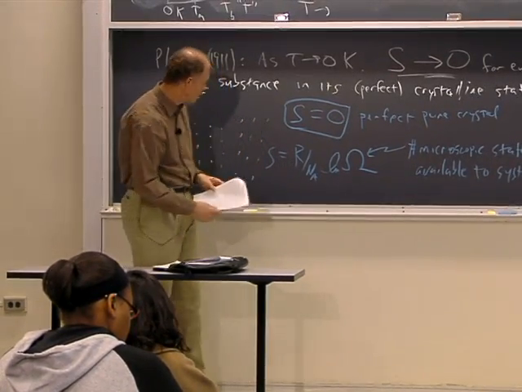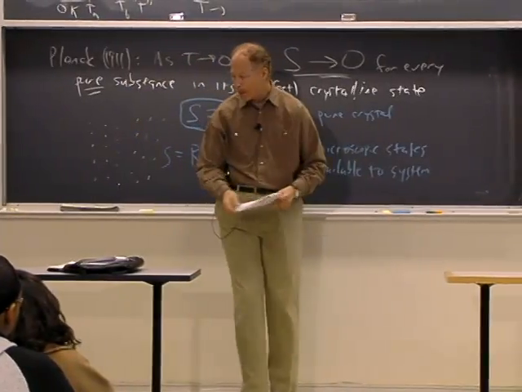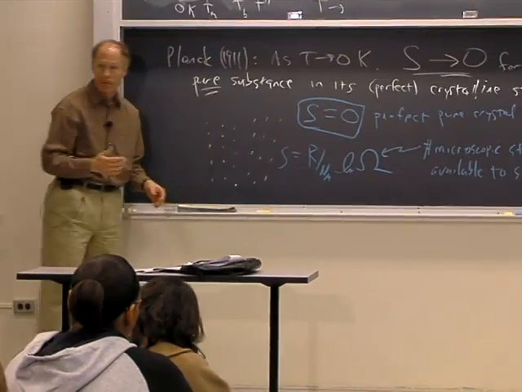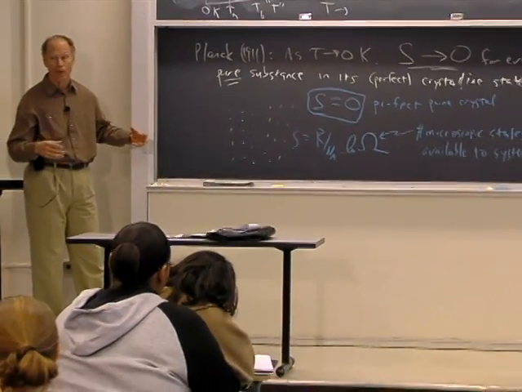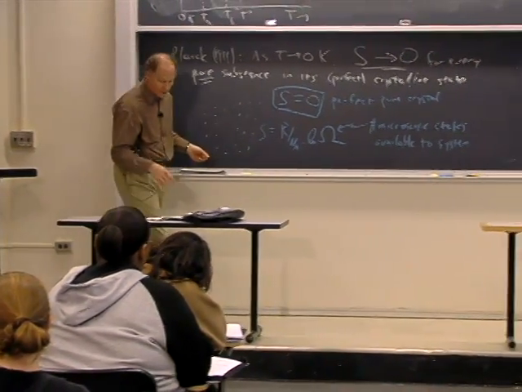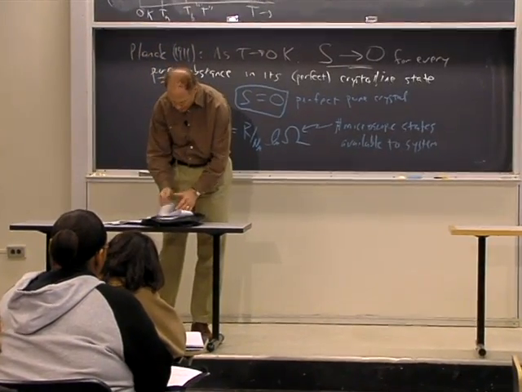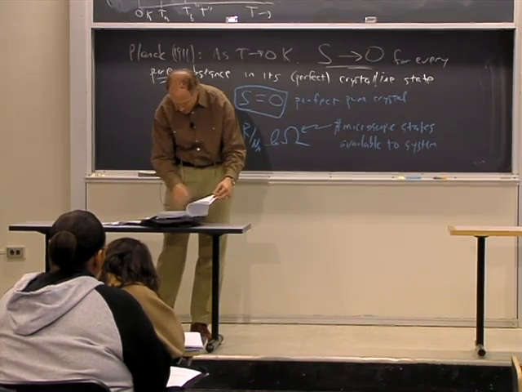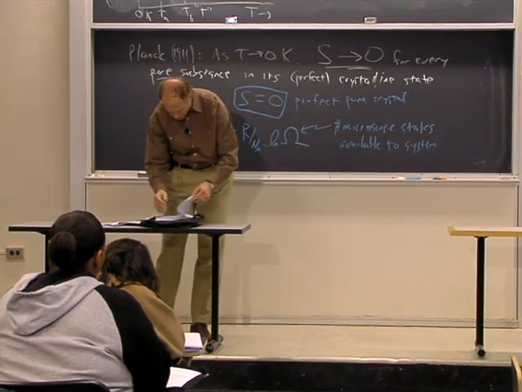Okay. Now, there are things that may appear to violate that. Of course, you can make measurements of entropy, so it can be verified that this is the case. But there are some things that would appear to violate that result.